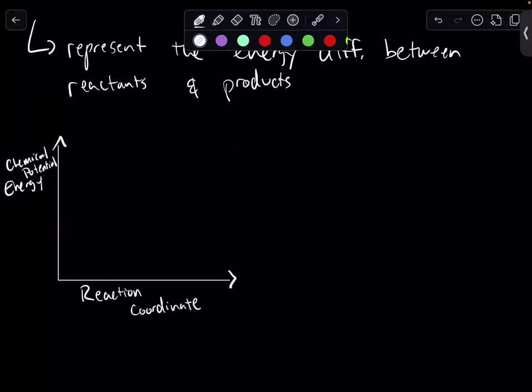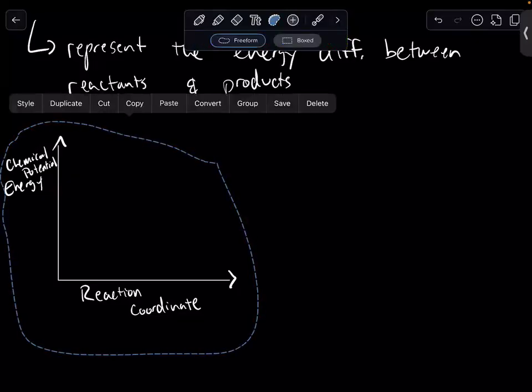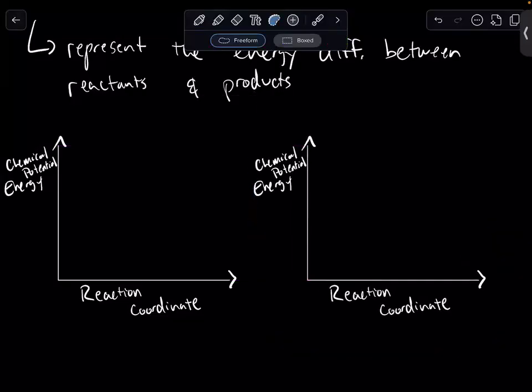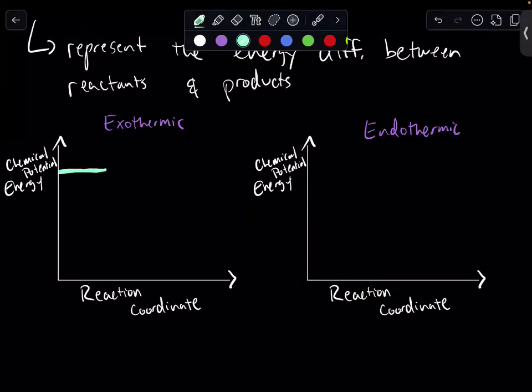That's just kind of a fancy way of saying, are we in the reactants or the products? And so I'm just going to duplicate this real quick. So over here, we'll do exothermic. And over here, we'll have endothermic. And so in an exothermic, our reactants are going to start pretty high, while in endothermic, our reactants will start pretty low.